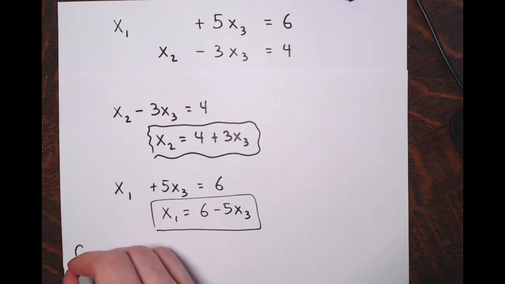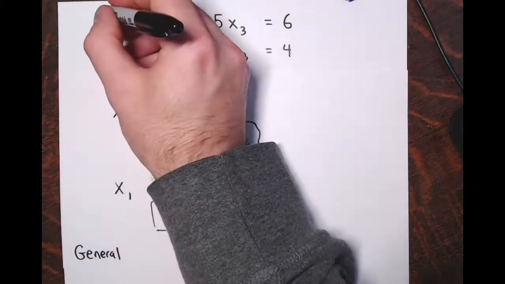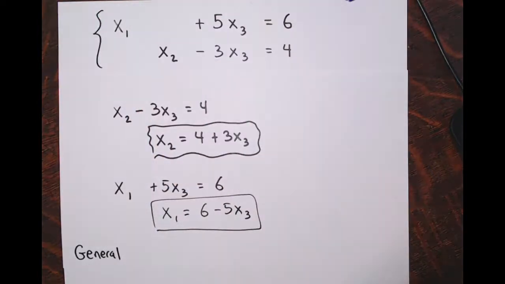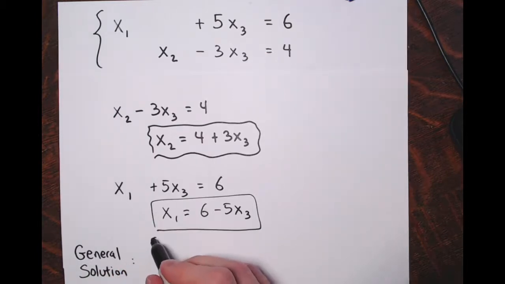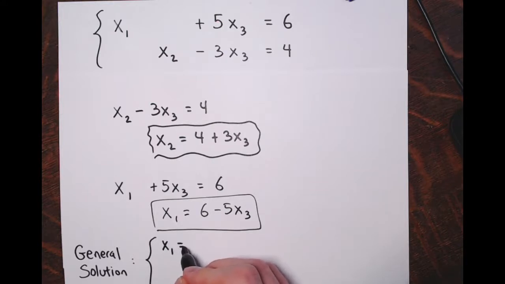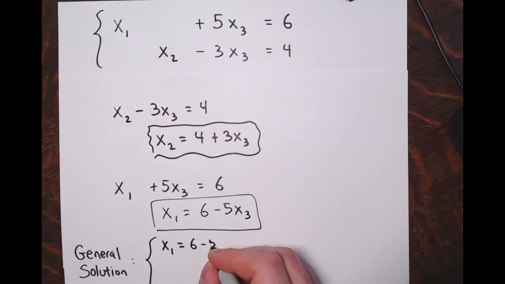So the general solution to this system, the system I started with way up here, those two equations, is the following. I can replace x1 with 6 minus 5x3.